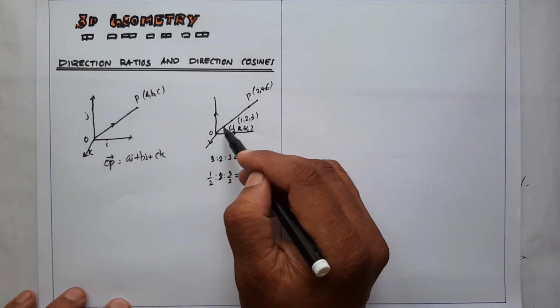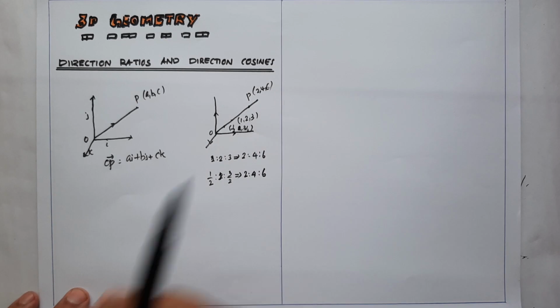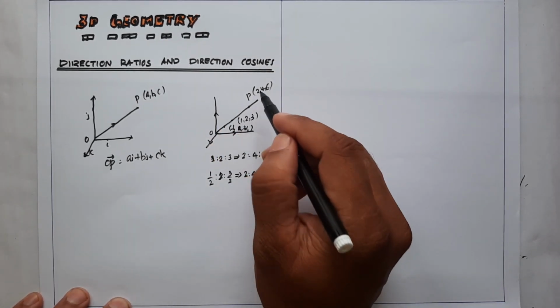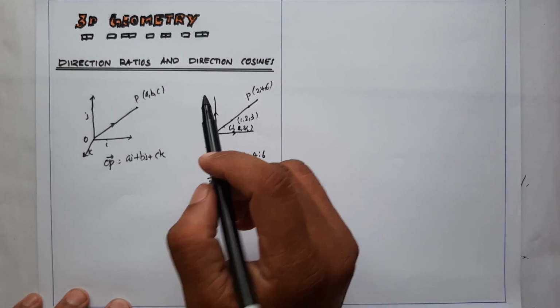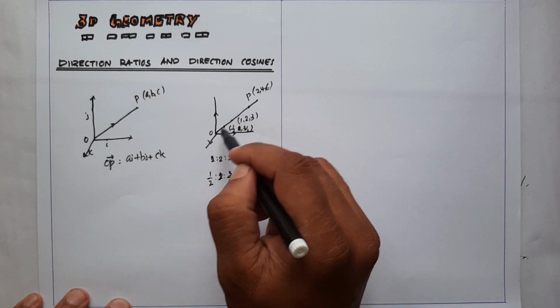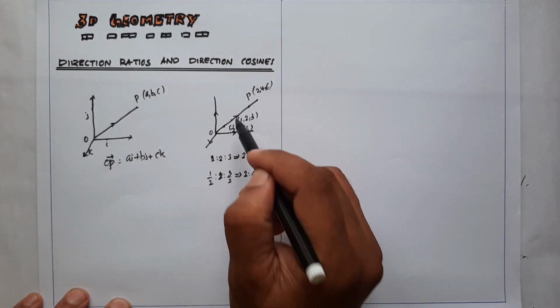That means for any point we take between O and P, the ratio of the coordinates finally gives 2, 4, 6. That means here this 2, 4, 6 is actually the direction ratio of this line OP, vector OP.